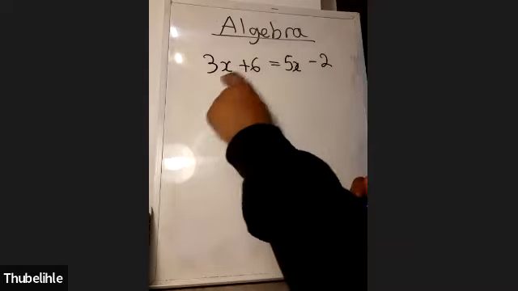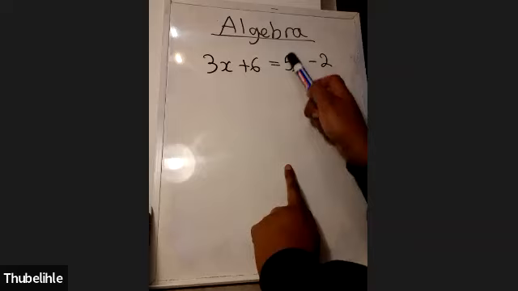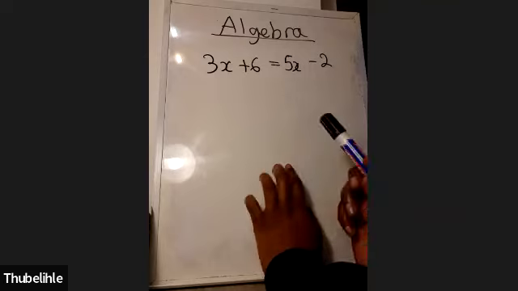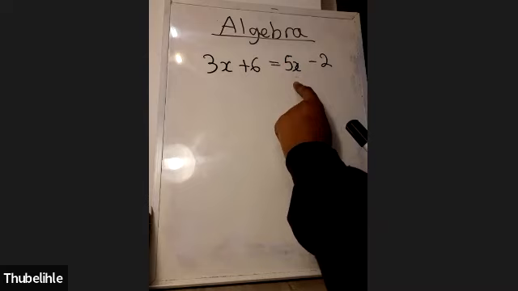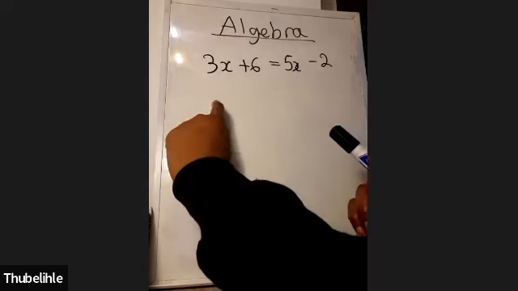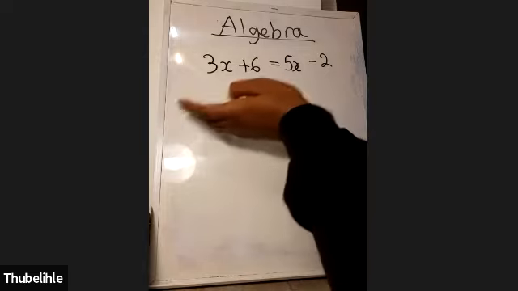So we can see that 3x and 5x are alike. The 6 and 2 are alike because they don't have any coefficient. By the way, a number next to a letter in maths is called a coefficient. Even if it's just x or y, the coefficient is 1, because remember we said anything in maths is times or divided by 1, or to the power of 1.